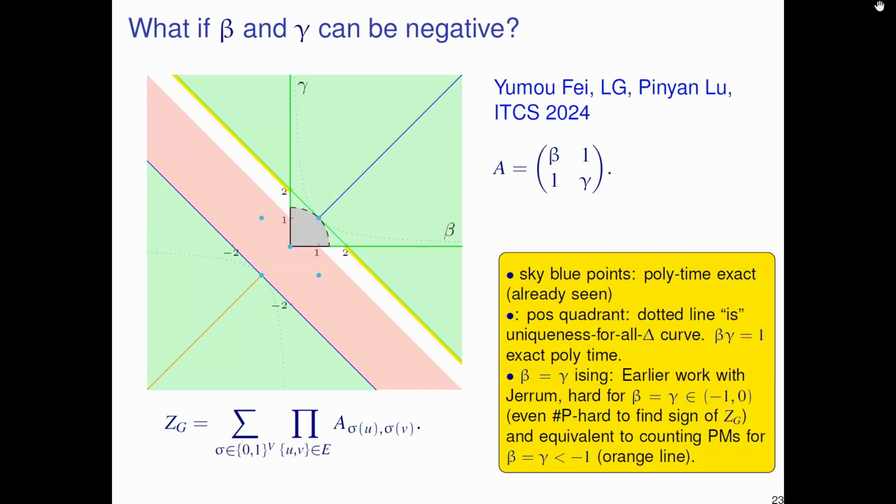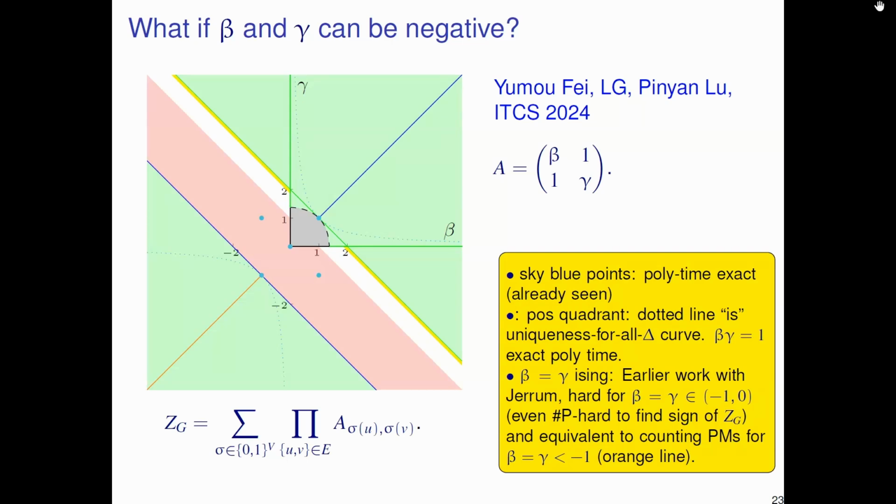Now, if you go down into this pink zone, I actually have a much earlier paper with Mark Jerrum, where we showed for Ising in the pink zone that not only can you not approximate the partition function of Ising, but even determining whether it's positive or negative is number P hard.